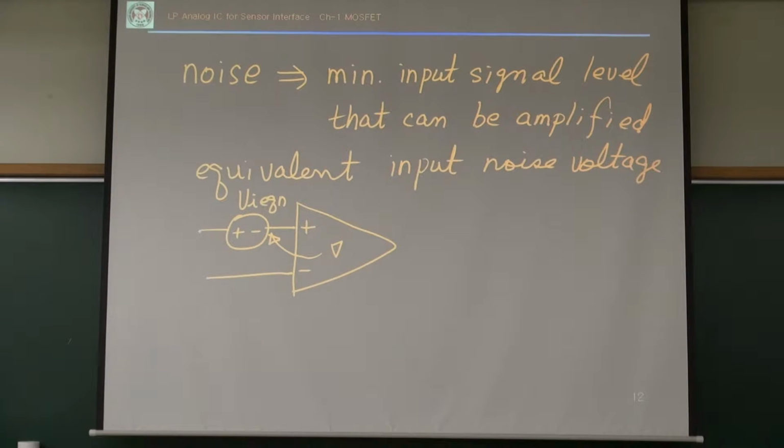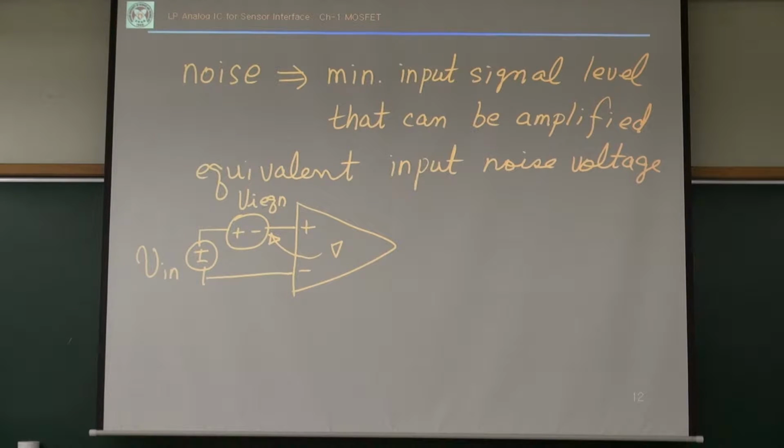Then we cannot amplify an input signal smaller than this equivalent input noise voltage. That's the minimum input voltage level that can be amplified.